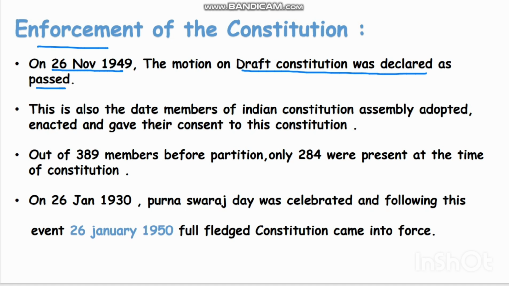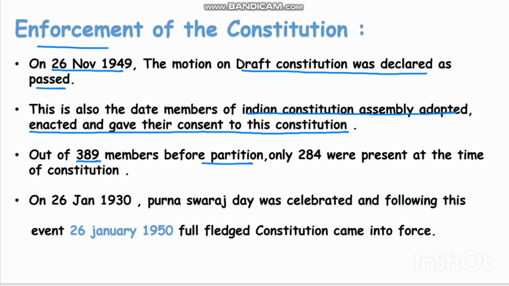This is also the date the Indian Constituent Assembly adopted, enacted, and gave their consent to this constitution: November 26, 1949. The Constituent Assembly had a total of 389 members before partition.